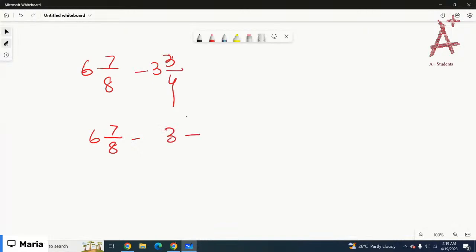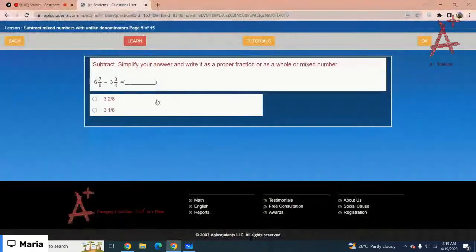So 3 times 2 is 6 and 4 times 2 is 8. You can subtract: 6 minus 3 is 3 and 7 minus 6 is 1. So it would be 3 whole 1 over 8.